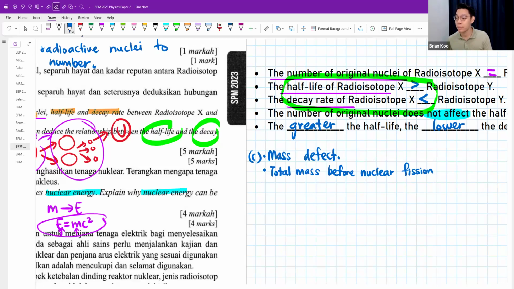Or maybe I wanted to say, to find mass defect, you have to minus, but maybe I go and explain further first. Total mass before nuclear fission is greater than total mass after nuclear fission.